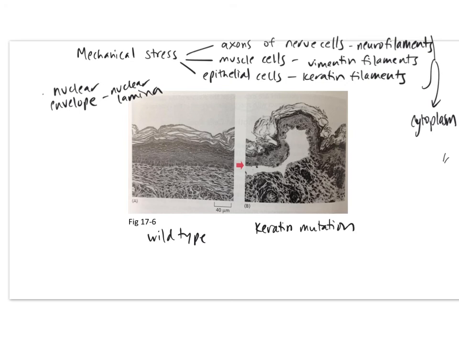And you can see that there's some major disruptions. This leads to substantial blistering and is a very serious condition. There are also some human mutations in intermediate filaments which can cause some major problems and have a substantial decrease in life expectancy.